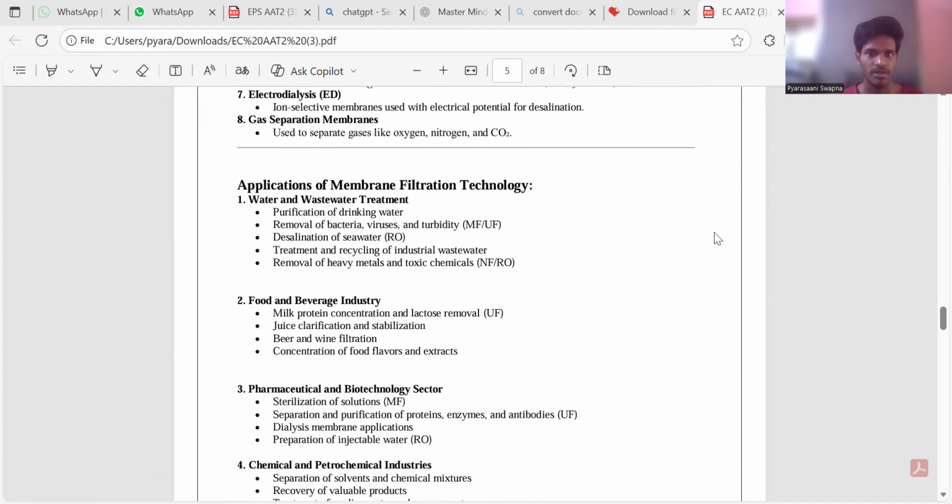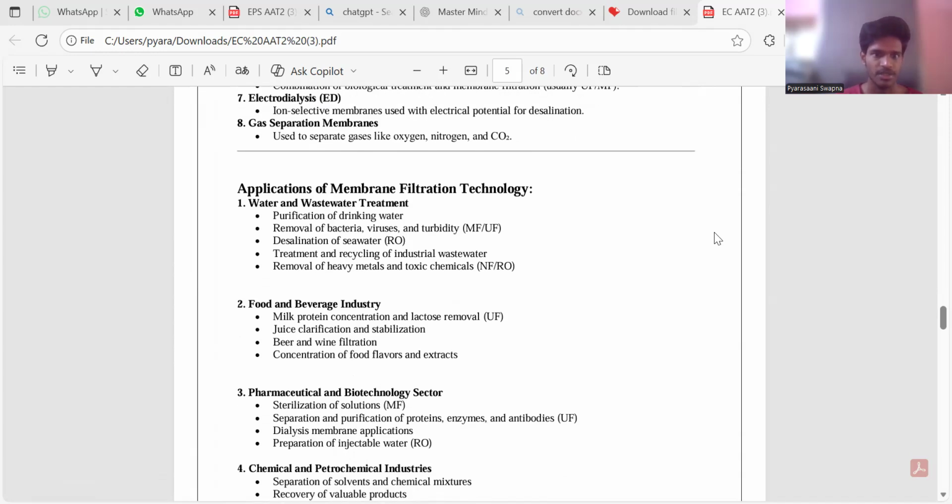Applications of membrane filtration technology. In water and wastewater treatment: purification of drinking water, removal of bacteria, viruses, and turbidity, MF/UF; desalination of seawater, treatment and recycling of industrial wastewater, removal of heavy metals and toxic chemicals, NF/RO.